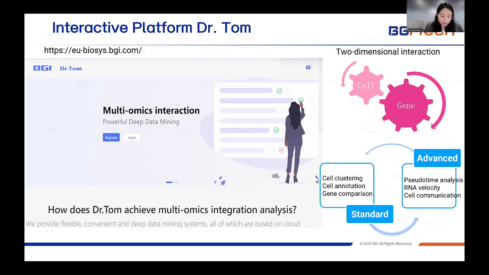So it's very easy to use and very fast for visualization. You can perform all the analysis I mentioned before with just a few clicks on this website. If you want to simplify and customize your analysis, you need to try our TOM platform, and here we show you the website you can visit.